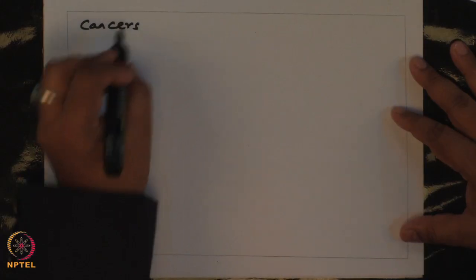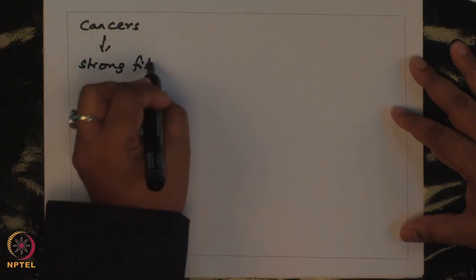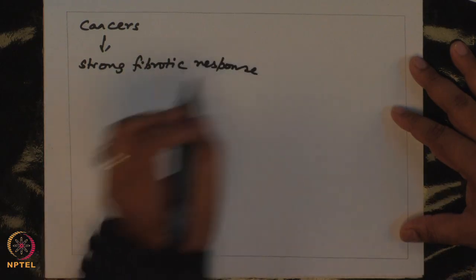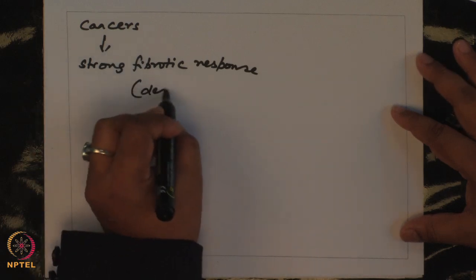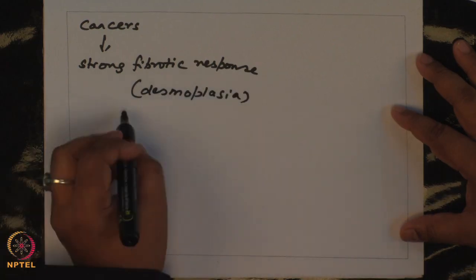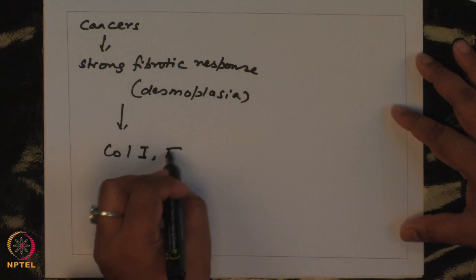So, what has been observed? In cancers you have a strong fibrotic response, which is also known as desmoplasia, and this involves accumulation of Col1 and 3.